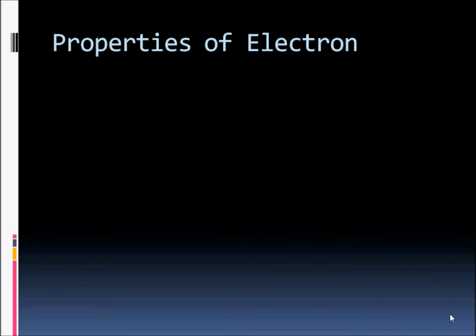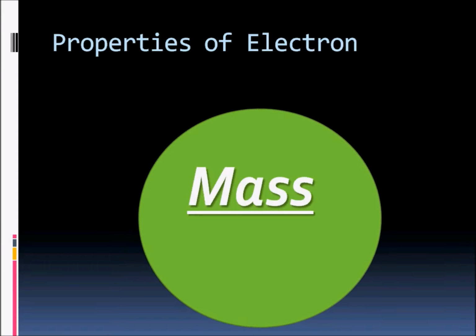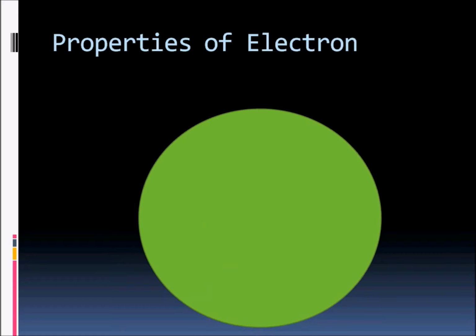Now let's start with the properties of the electron, which have just formed in these slides. First property is the mass of the electron, which is nothing but 1 by 1840 of the mass of a hydrogen atom. And the absolute mass we can say is 9 into 10 to the power minus 28.